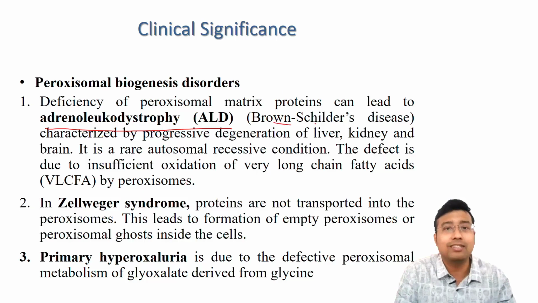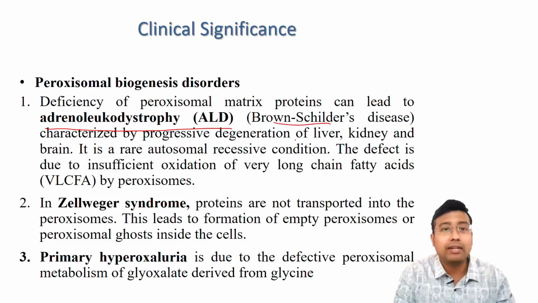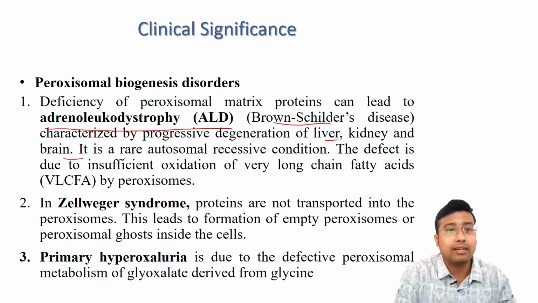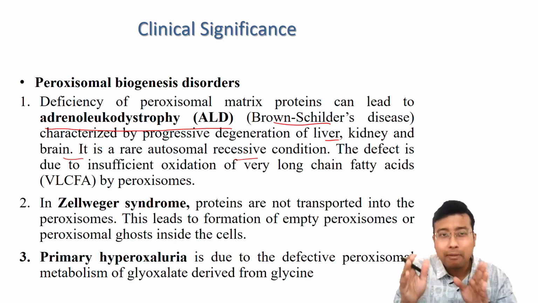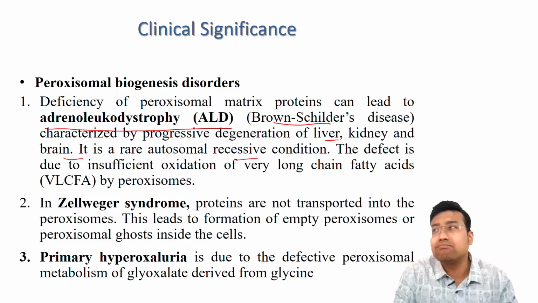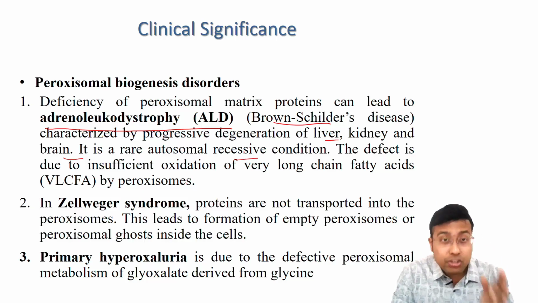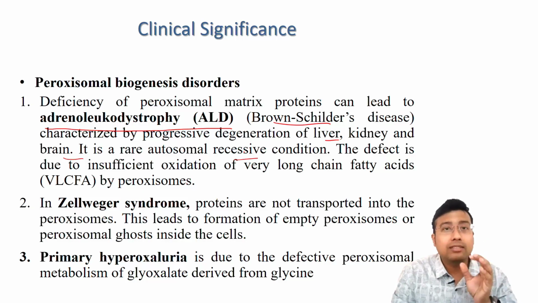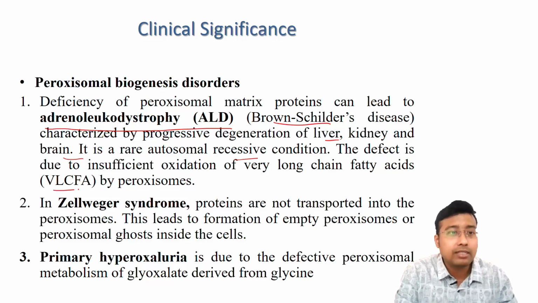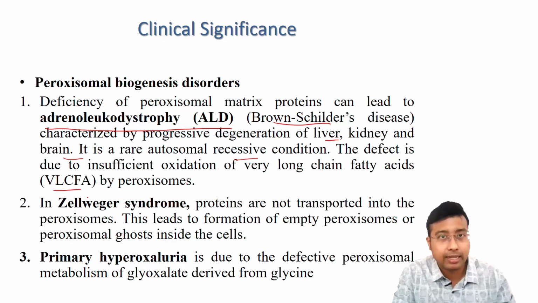So Brown-Schilder's disease is characterized by degeneration of liver, kidney and brain. Autosomal recessive may be difficult and you may not remember each and everything right now, but at least make sure if you are appearing in any quiz or any entrance exam or any Olympiad, being a medical student, if this comes in your way, you shouldn't make a mistake.